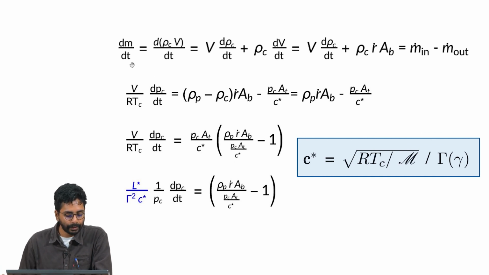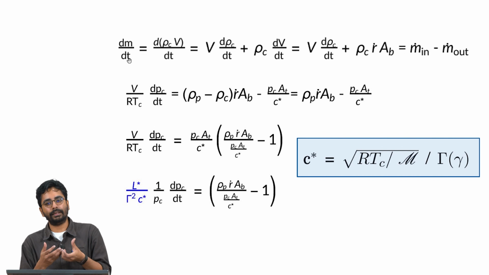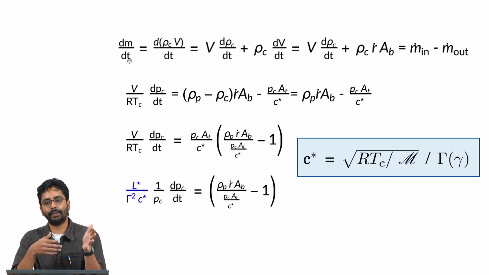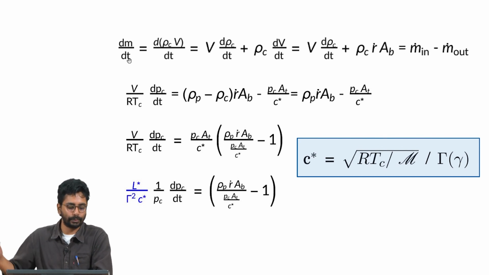Once the propellant is ignited, the solid propellant gets converted into hot gases, and that is the hot gas generation rate, which is controlled by the combustion rate of the propellant. This will increase the quantity of gas inside the chamber, and therefore the pressure inside the chamber, and because of this the flow will start going out through the nozzle of the rocket.